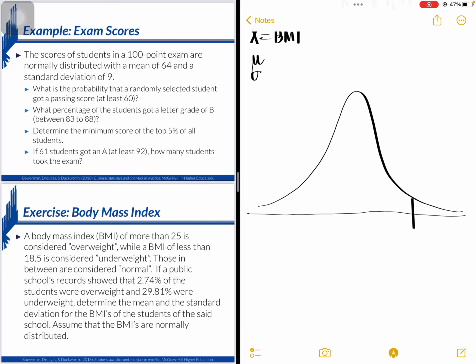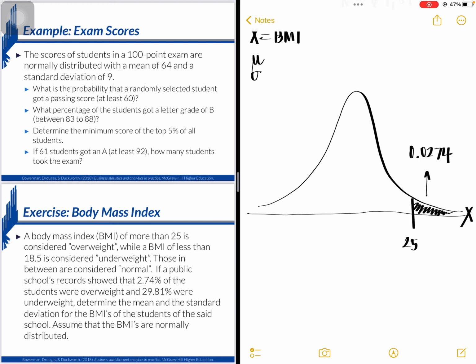Let's say this is a BMI of 25, and this shaded area here, according to the problem, is 2.74% or 0.0274. On the other hand, the percentage of students who were underweight is 29.81%.